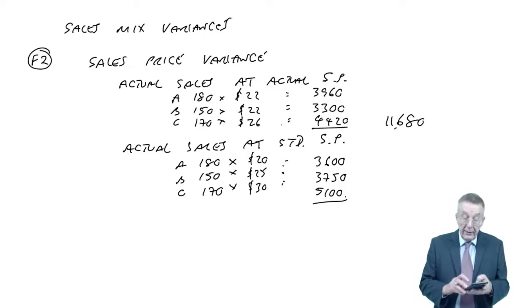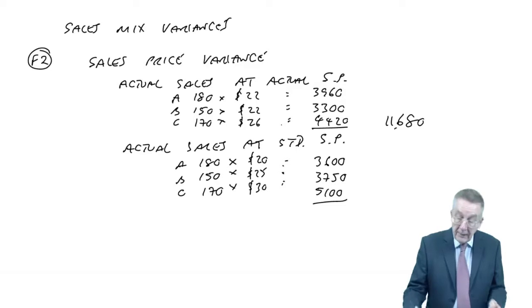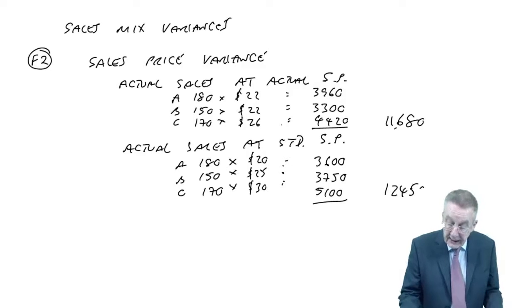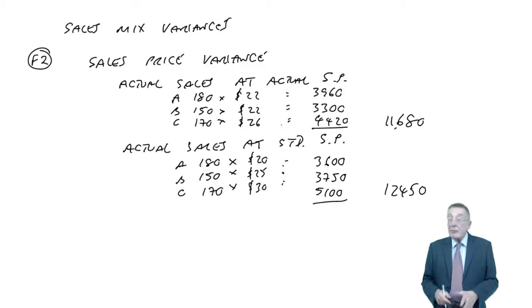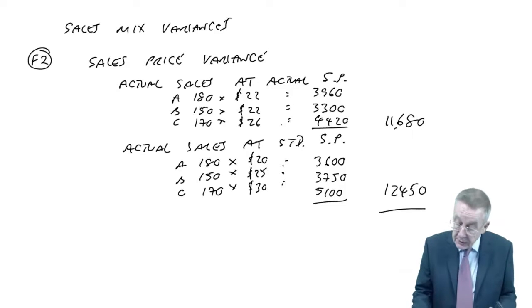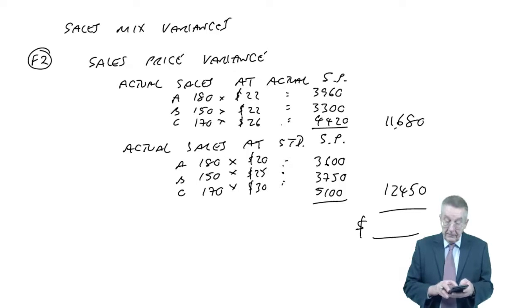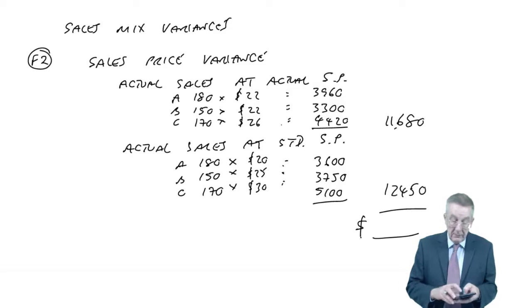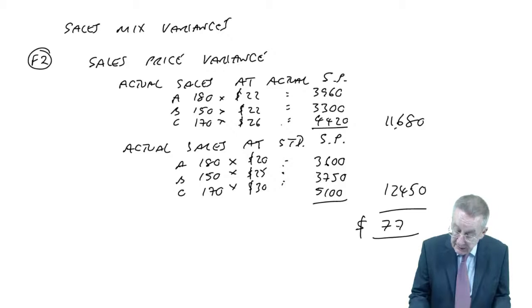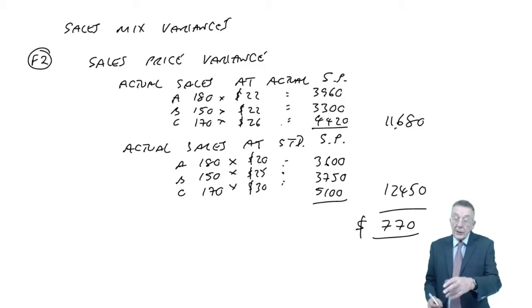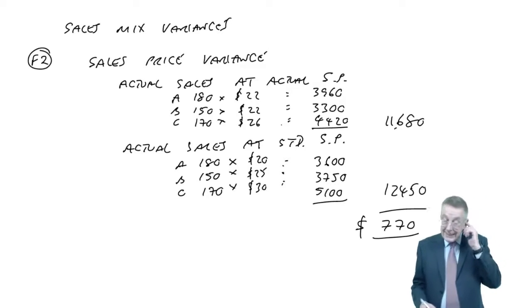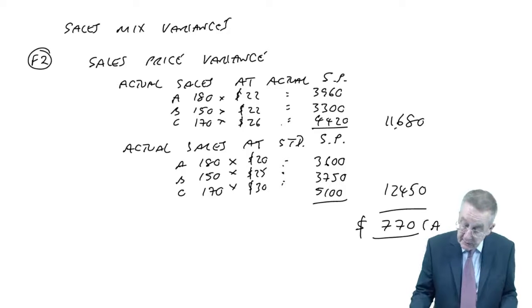At standard selling price, we should have had a revenue of 12,450. And so the sales price variance is simply the difference between the two, which is £770. Our actual revenue is a little bit less than standard selling price, so it's adverse.